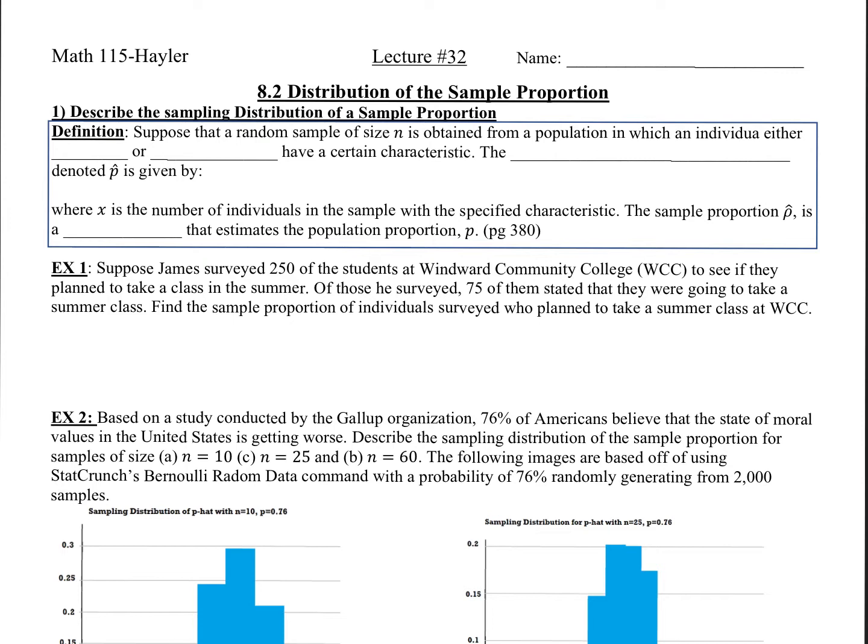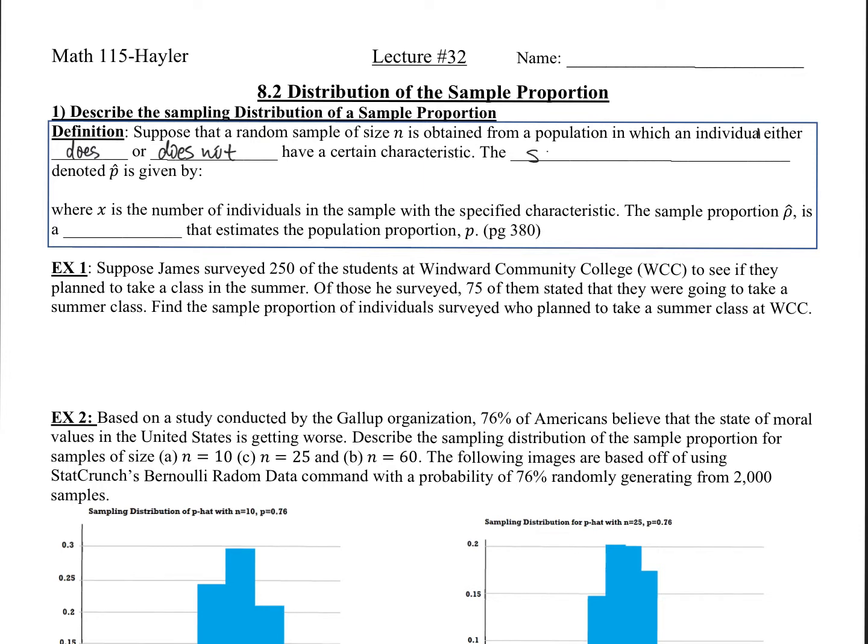By definition, suppose that a random sample of size n is obtained from a population in which an individual either does or does not have a certain characteristic.